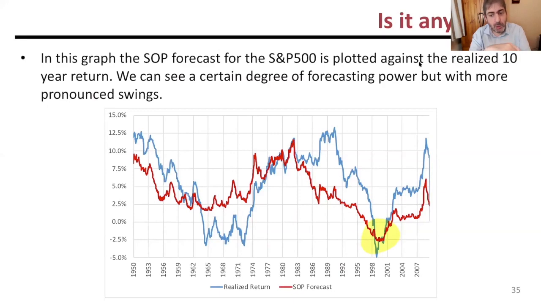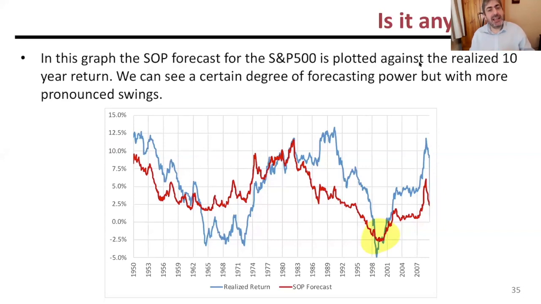Why? Well, because yes, you have a dividend yield. Yes, you have an expected growth rate of earnings, but you have a valuation change component that is minus 5%. Because today the price earning is very high compared to the long-term average. And so we expect that the long-term average will go down.